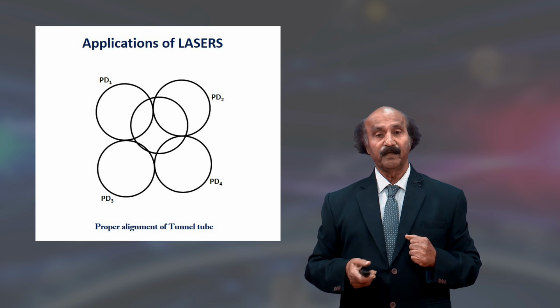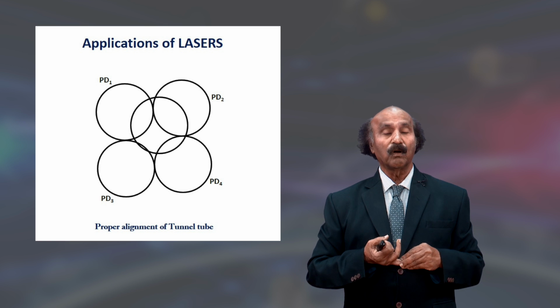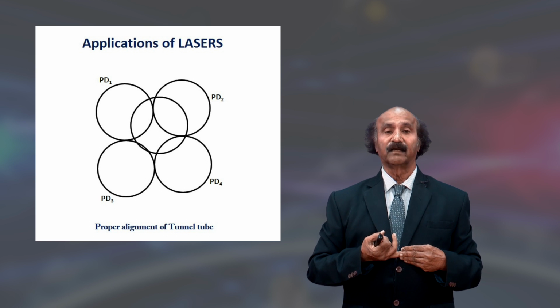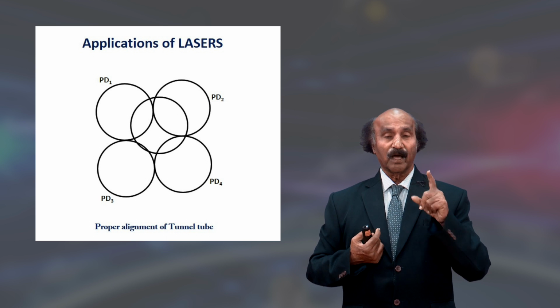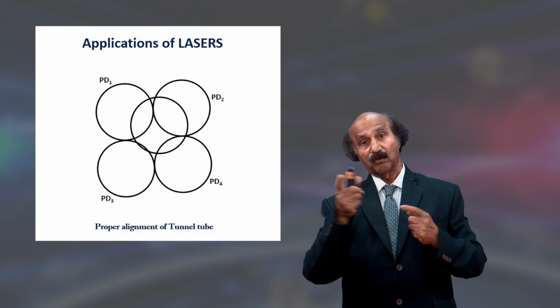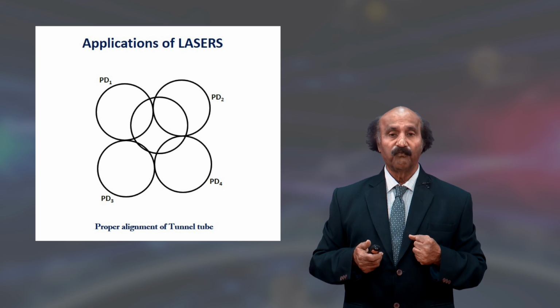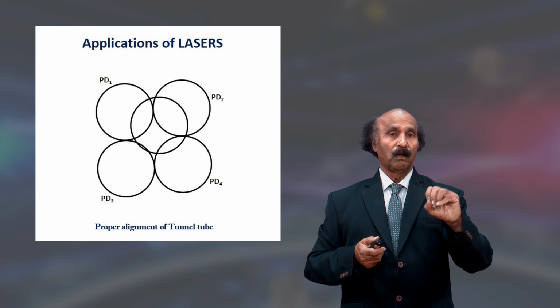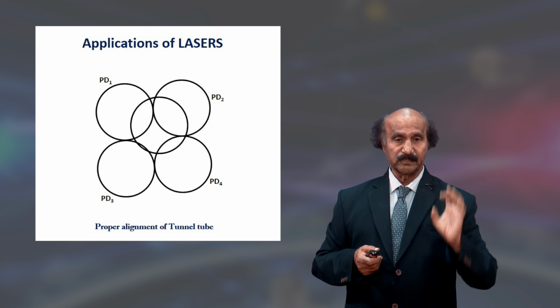Another possibility is called the 4-quadrant technique. What we mean by the 4-quadrant technique is, you have 4 optoelectronic detectors. You see the 4 rings are there. The 4 rings are 4 detectors, let us say photodiodes for example.